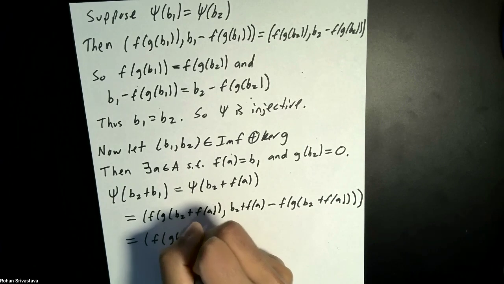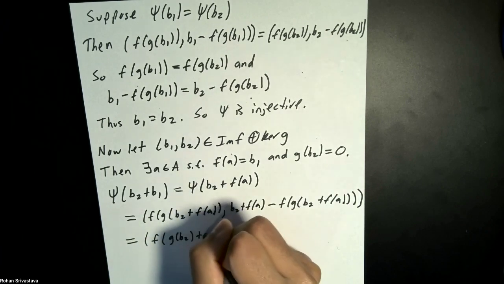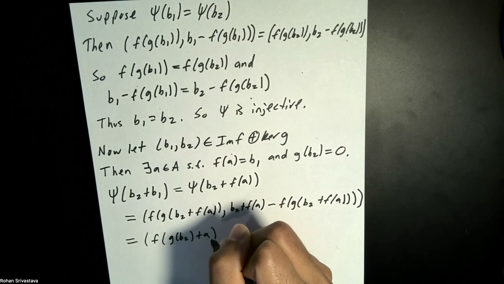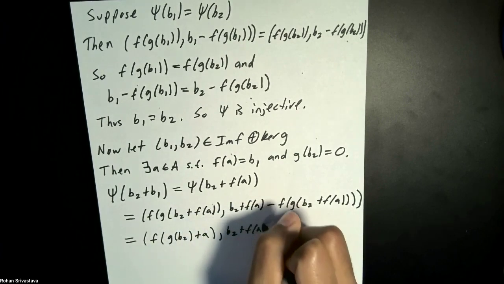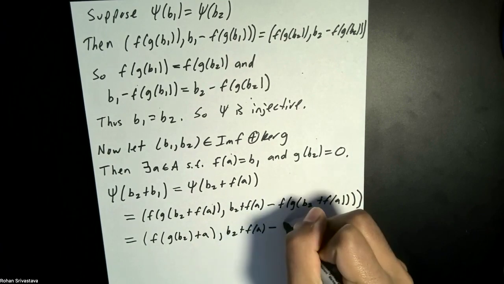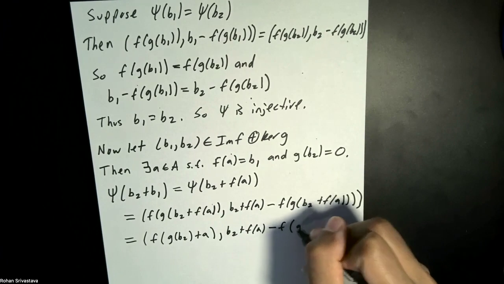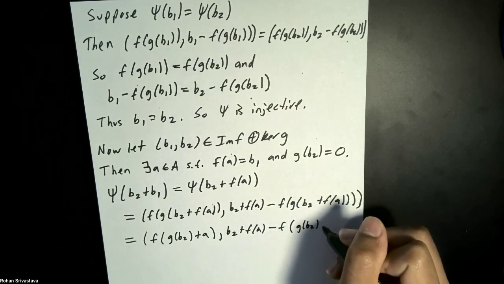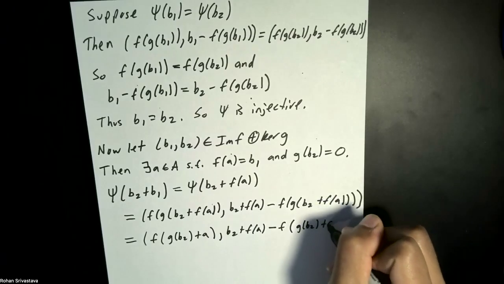But g of f of a, remember g composed with f is the identity, so g of f of a is just a. So plus a, comma, B2 plus f of a minus f of what? Well, g of B2 plus g of f of a again, but g of f of a is just a since g composed with f is the identity, so plus a.